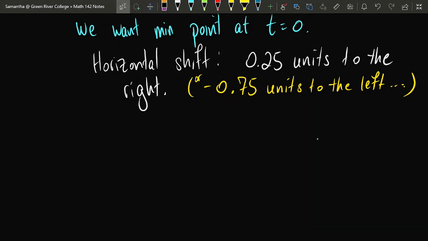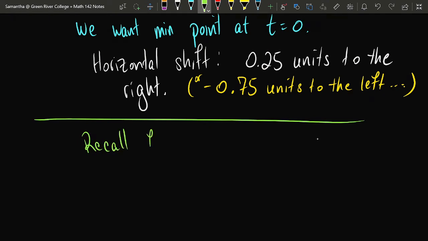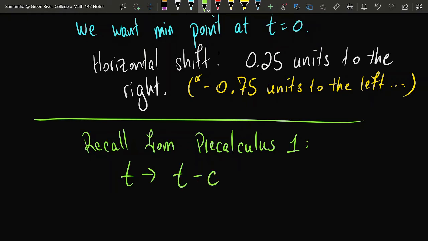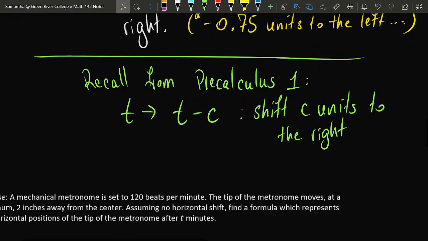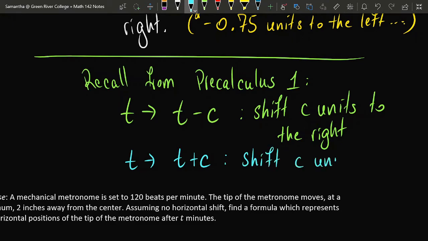Now to shift something c units to the right, let's recall from pre-calc 1 that if you take your t value and you subtract some number, let's call it c, this will shift c units to the right. And if you take your t value and add c to it, this will shift c units to the left.